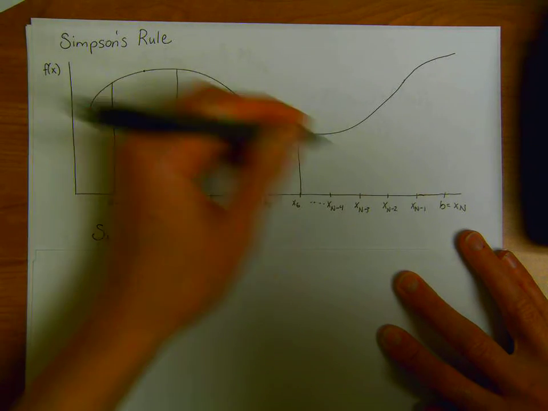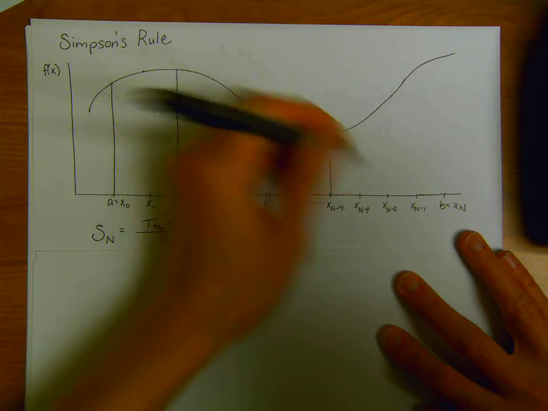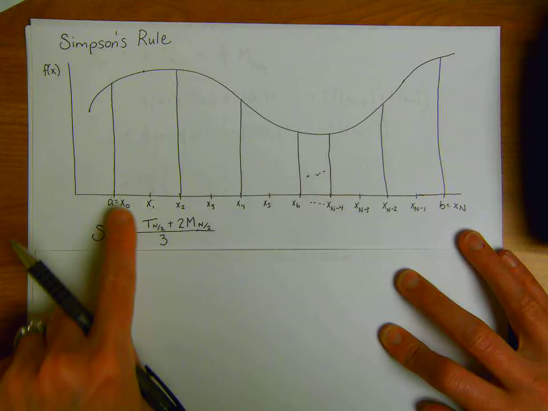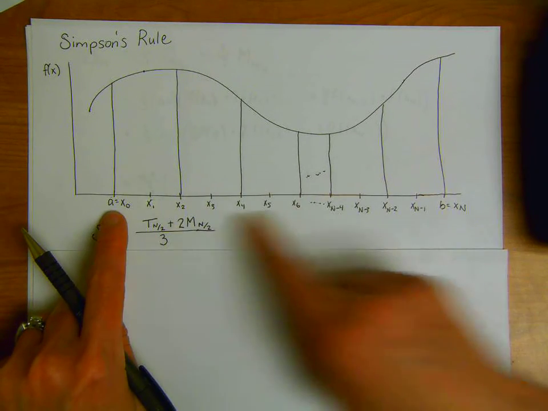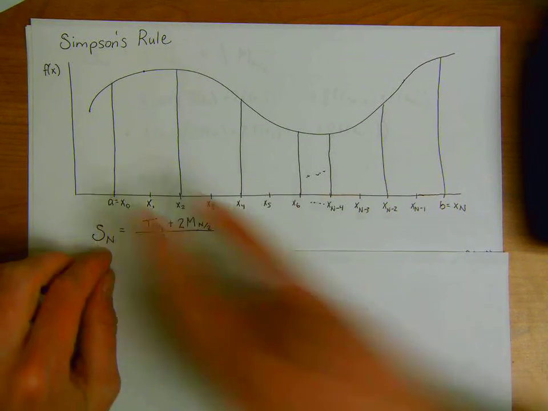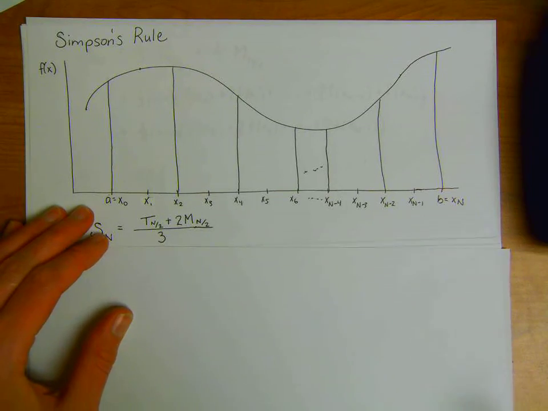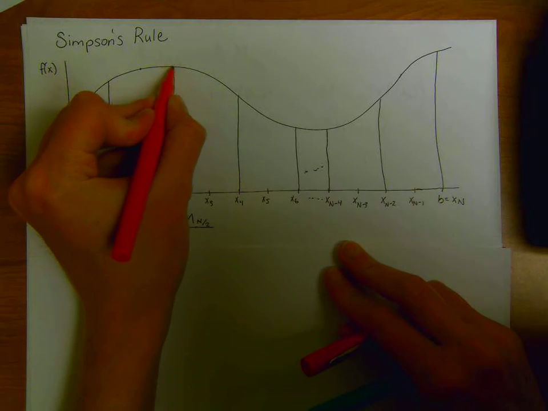So in this example, I've broken up my entire interval from A to B into n different segments, but each of my trapezoids is going to be twice as fat.